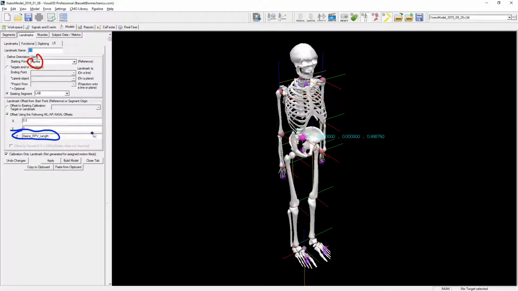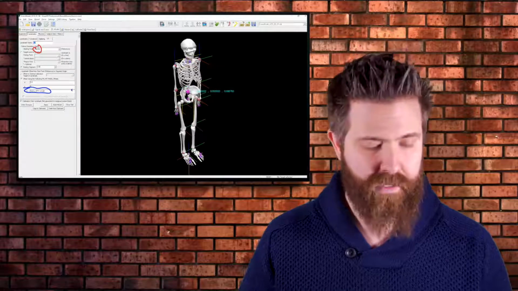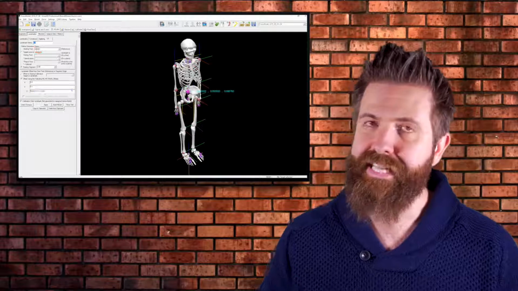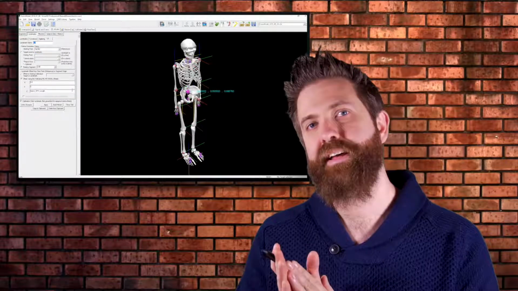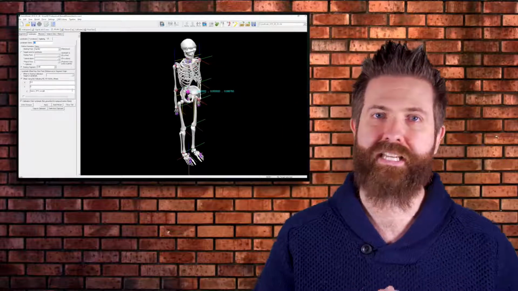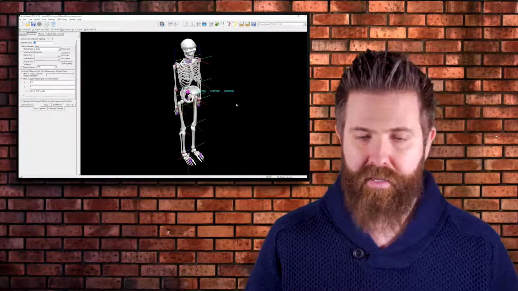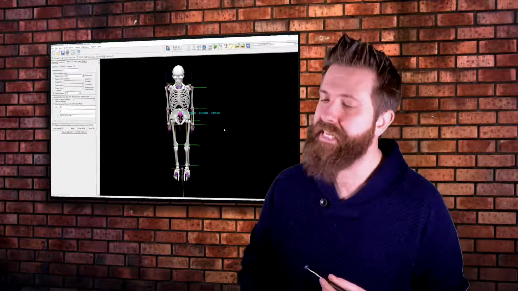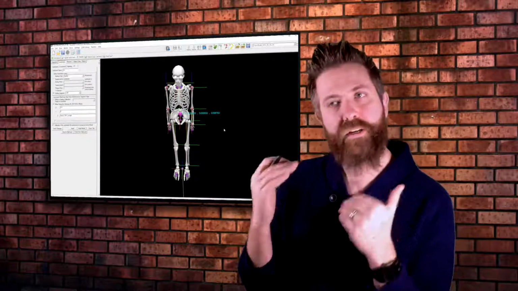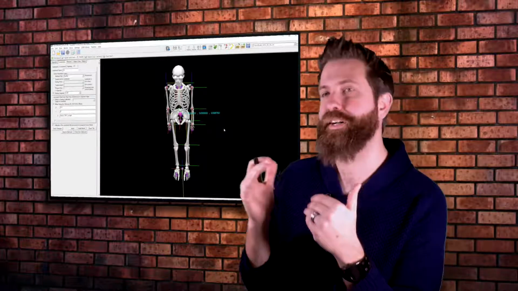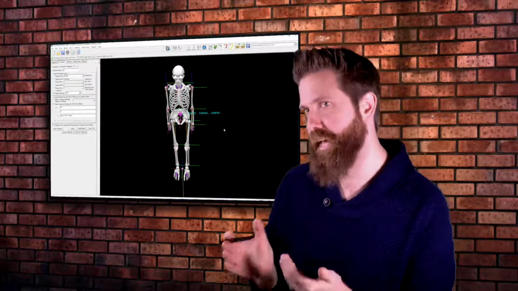Again, using a measured length in the vertical direction, which is the pelvis length. Most of these landmarks in some way come from measurements that are obtained from your Xsens data collection. So that's how this is a generic model that then is calibrated to your subject based on their specific anthropometric data.